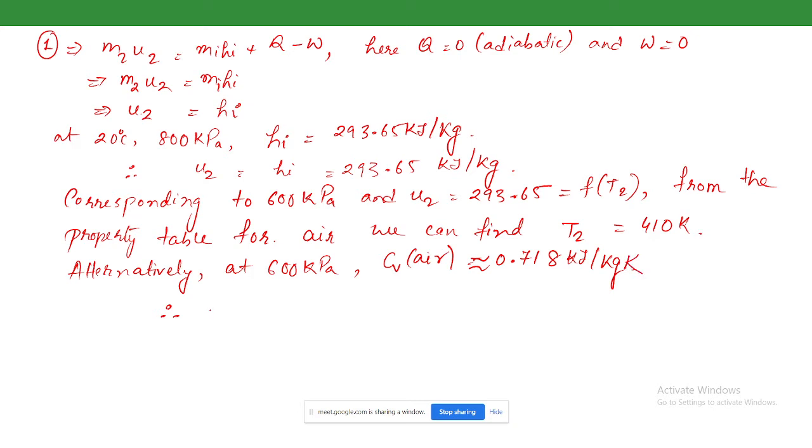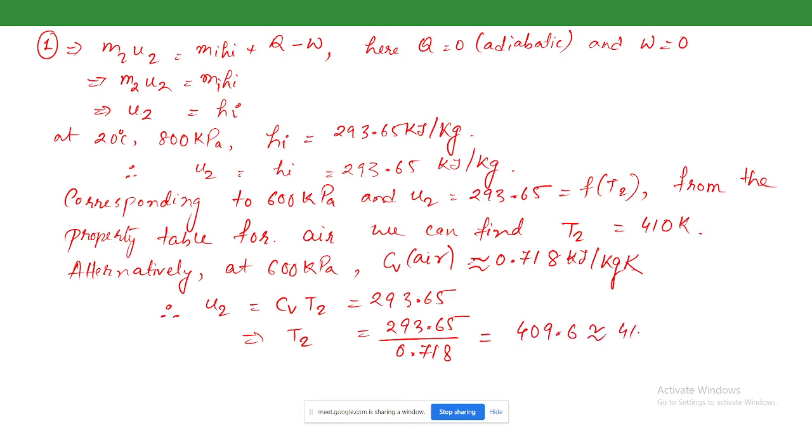Therefore u2 equals Cv times T2, which is equal to 293.65. So T2 is 293.65 divided by 0.718, which comes out to be 409.6, nearly equal to 410 Kelvin. So the final temperature is equal to 410 Kelvin.